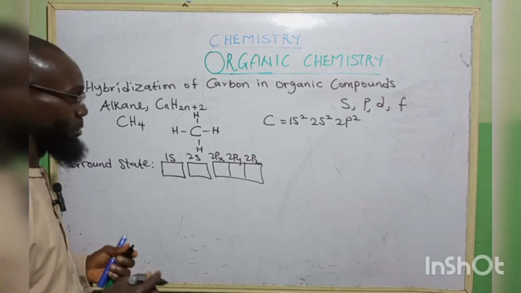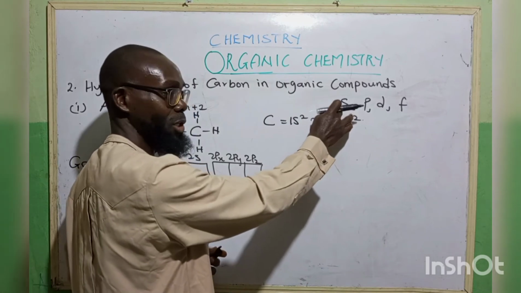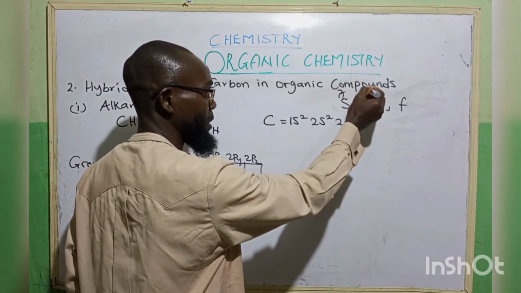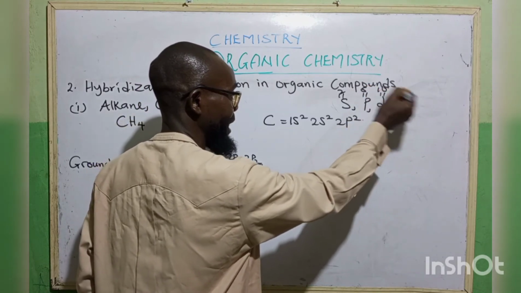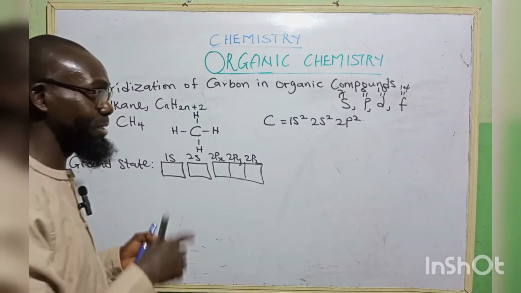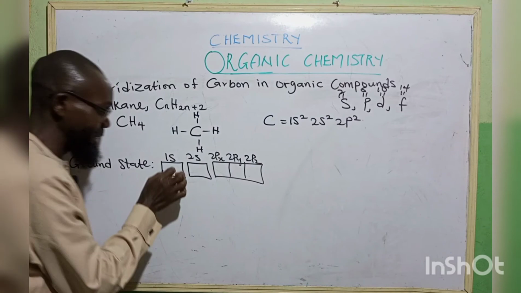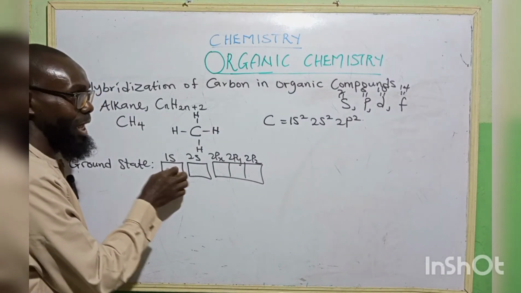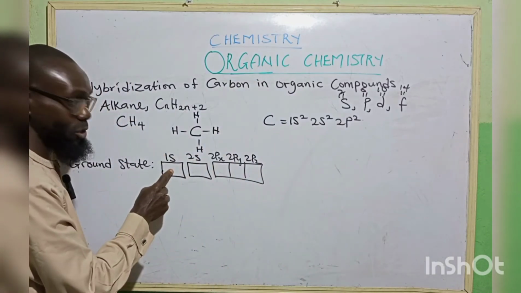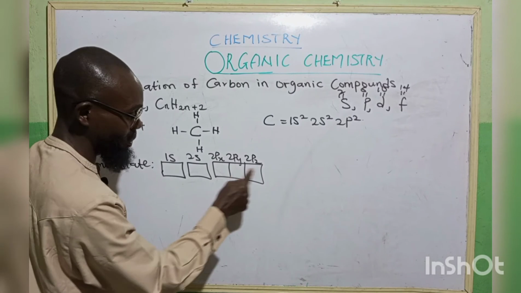From our elementary chemistry, you will recall that the s orbital must not contain more than 2 electrons, the p 6, the d 10, and the f 14. Now, since 2 electrons must enter the s, it means it has just 1 box. And since 6 electrons must enter the p, and each box contains 2, it is going to be divided into 3: 2 electrons, 2 electrons, 2 electrons, making 6 electrons.